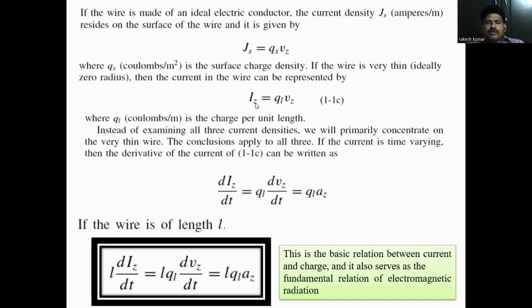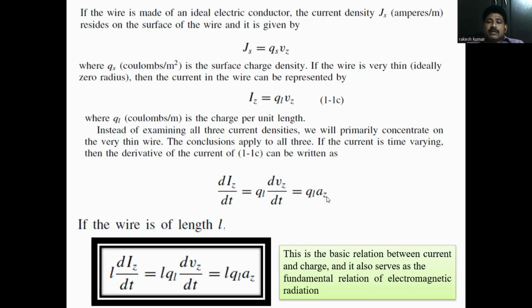Let us take this equation, which is sufficient. If we differentiate the above equation with respect to t, I get dIz/dt equals Ql into dVz/dt. Vz is velocity. What is the differentiation of velocity? It is nothing but acceleration.